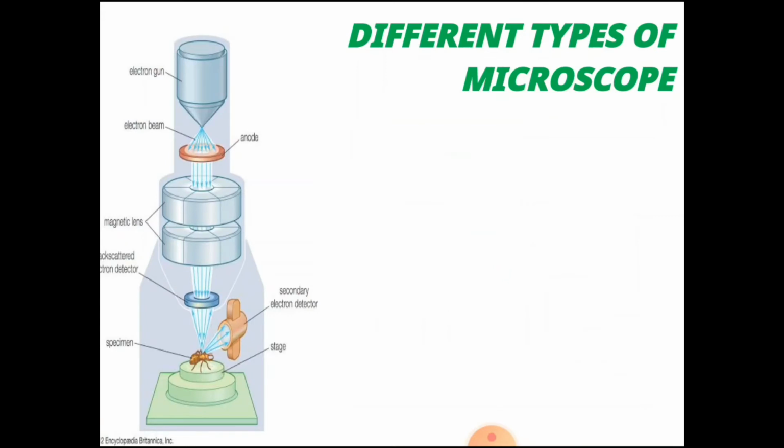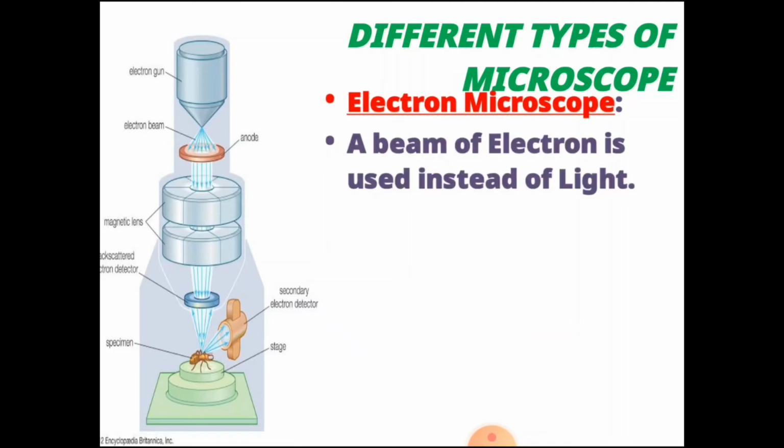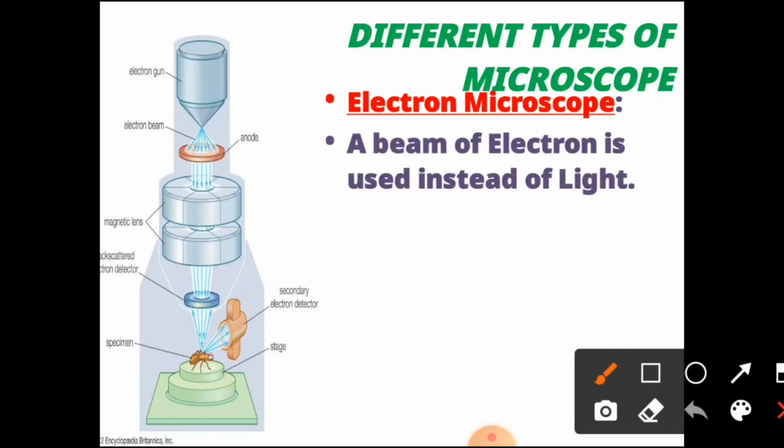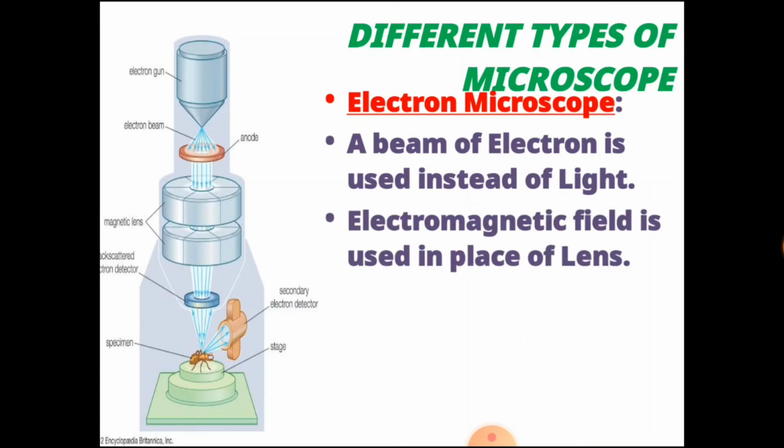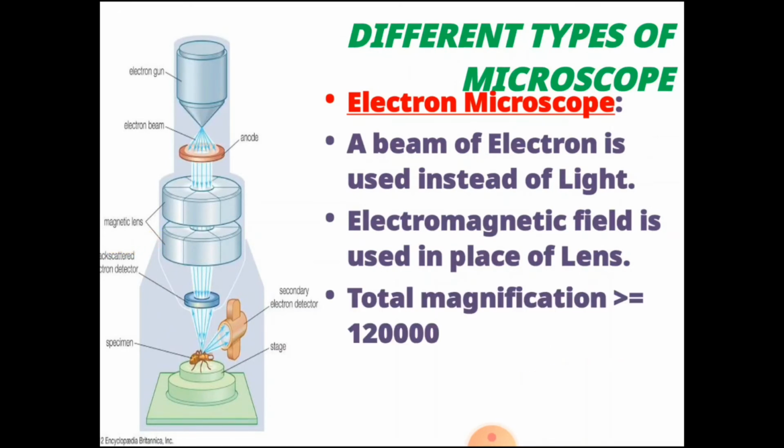Now this one is the electron microscope. A beam of electrons is used instead of light. An electromagnetic field is used in place of lenses.